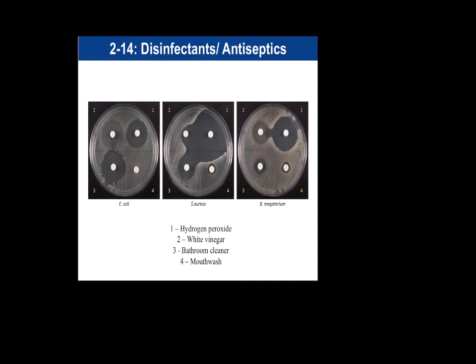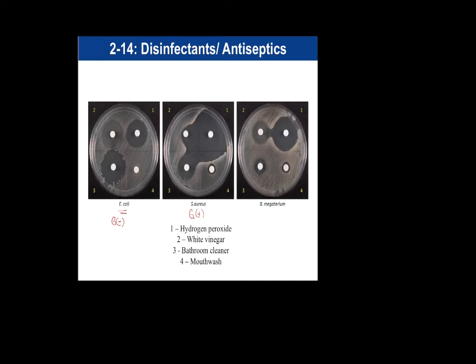So we've provided for you results of plates. This is E. coli. I asked you to think about E. coli and what makes it unique. E. coli is a gram-negative cell. So think of that cell wall as the outer membrane, the very thin peptidoglycan layer, and then our inner membrane. Staph aureus is gram-positive.